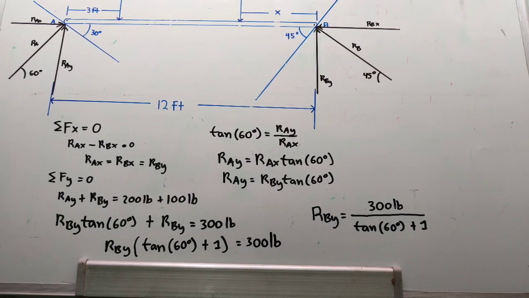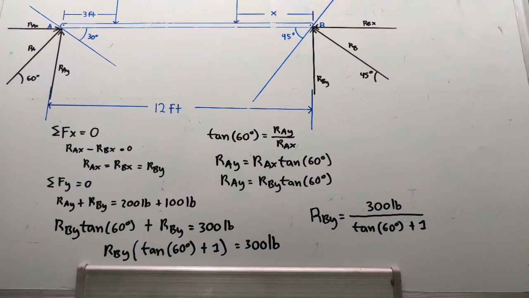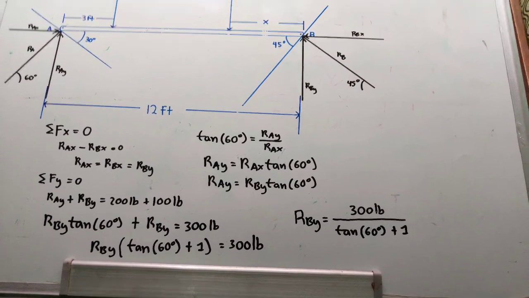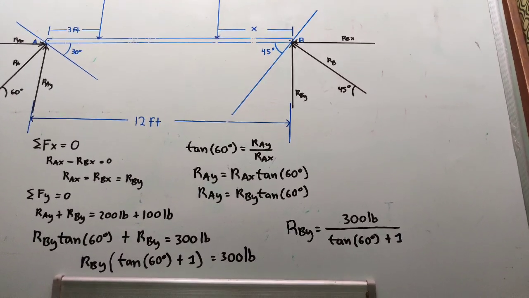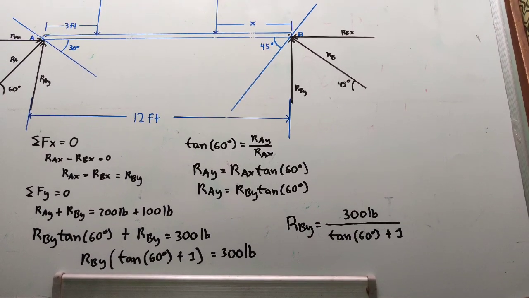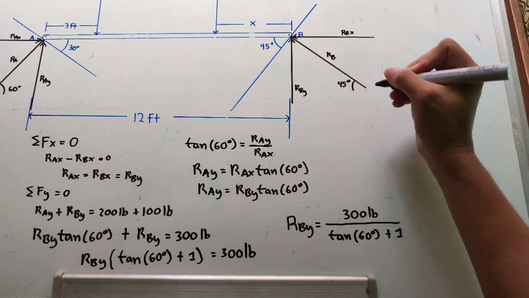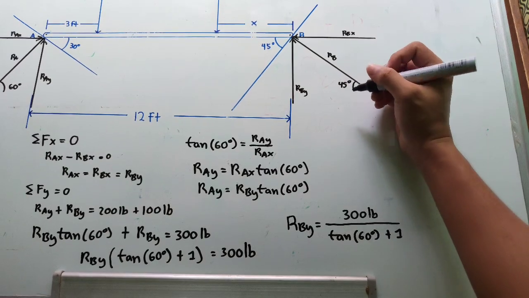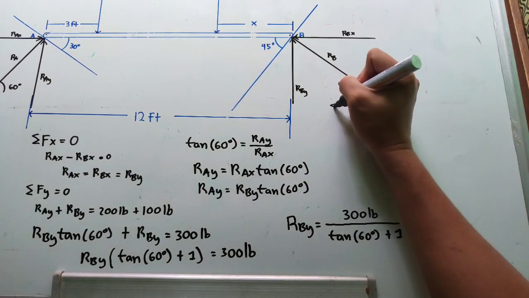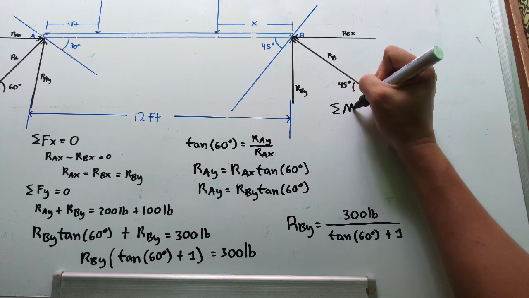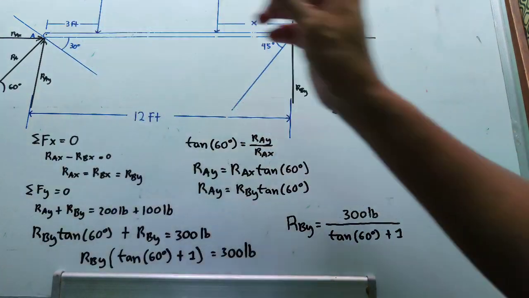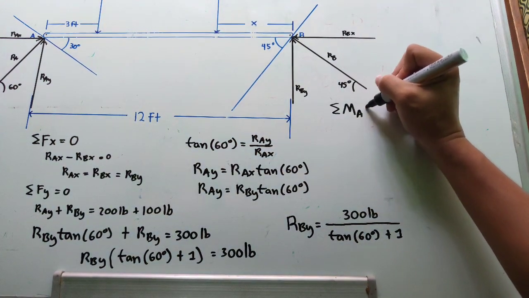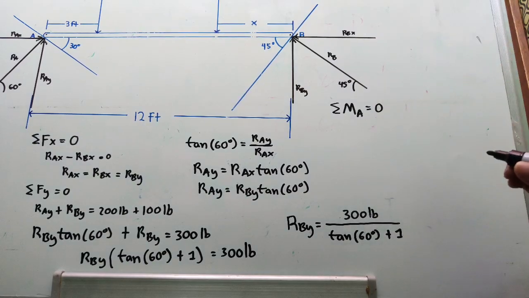Now, the next thing we need to find is the summation of moments. Summation of moments is equal to 0. So let's take it at A. Summation of moments at A is equal to 0.